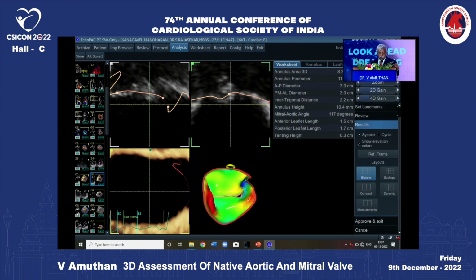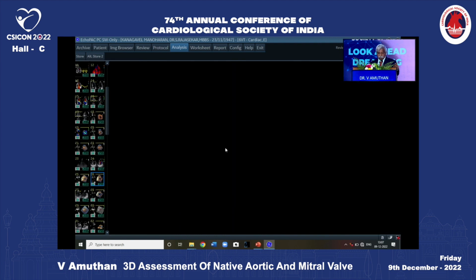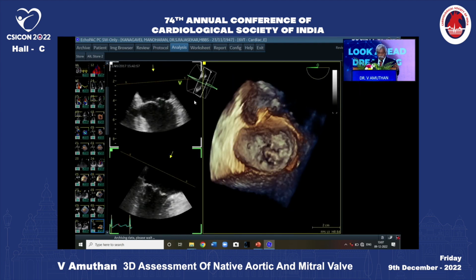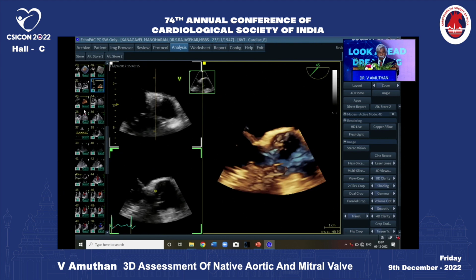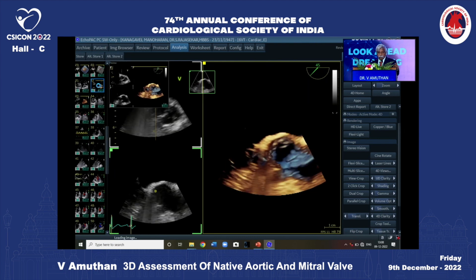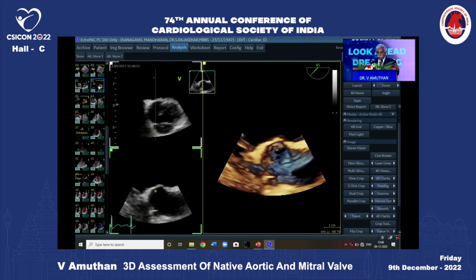And similarly, we can look at the aortic valve. So this is the aortic valve quantification.